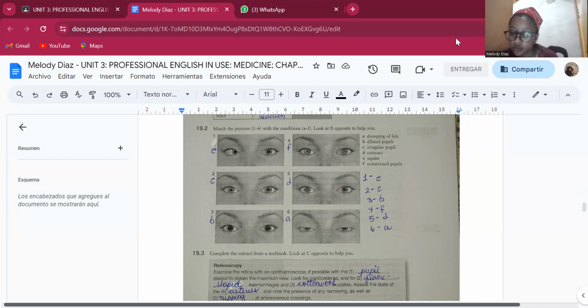Number 2 to letter C, irregular pupils. Number 3 to letter B, dilated pupils. Number 4 to letter F, constricted pupils. Number 5 to letter D, cataract. Number 6 to letter E, drooping of lids.